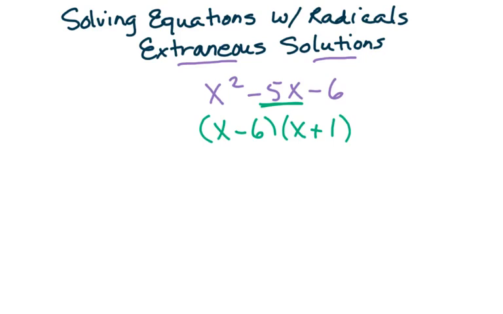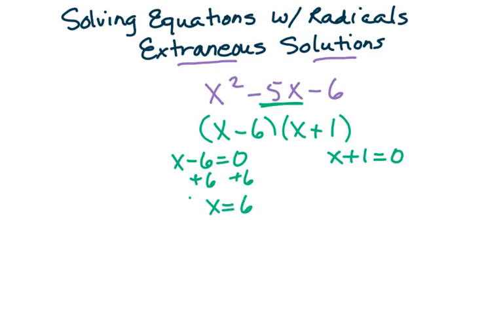But that's not my solution. My solution then, I have to say x minus 6 equals 0 and x plus 1 equals 0. And when I solve this, I get x equals 6. And when I solve this one, x equals negative 1.